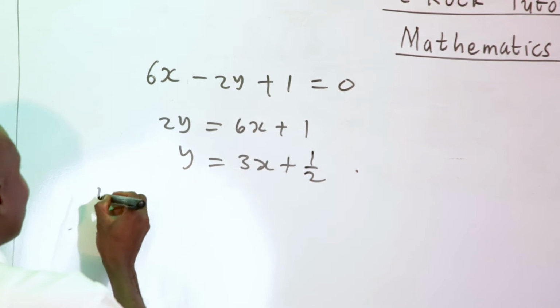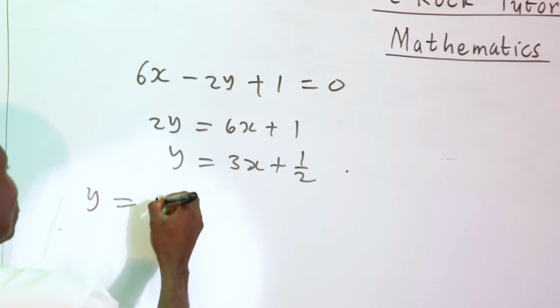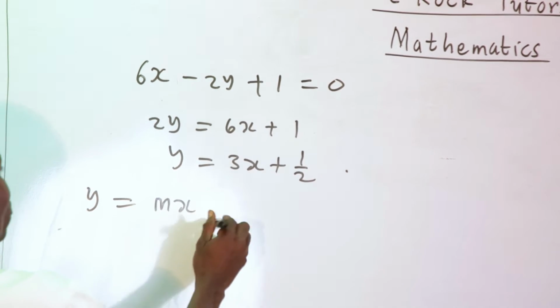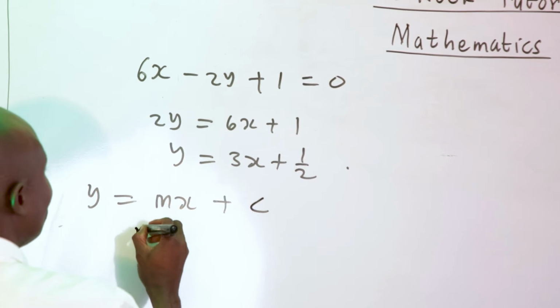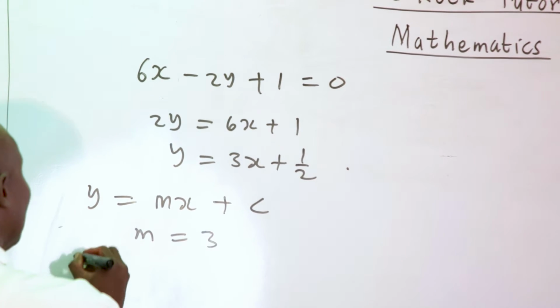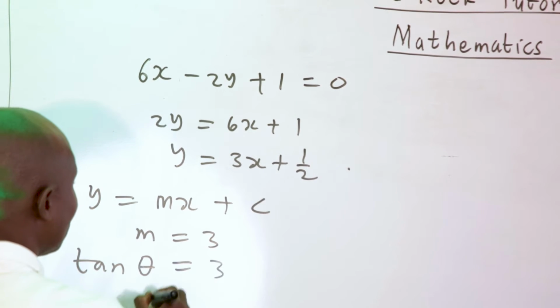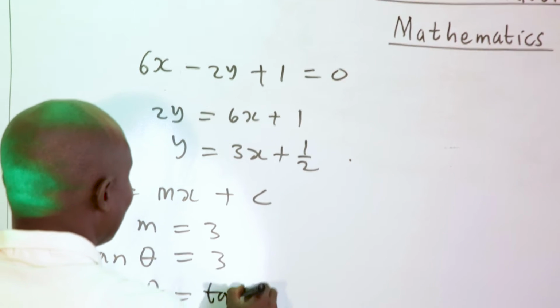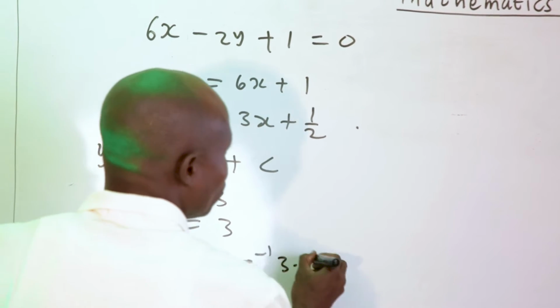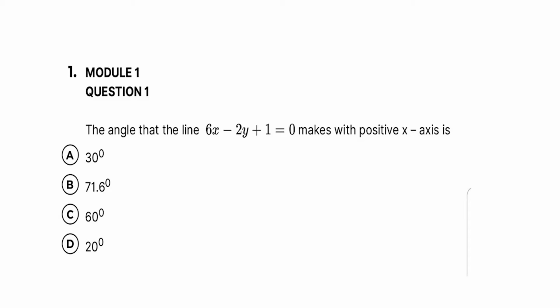Equating this with the general equation of a straight line, y equals mx plus c, m equals 3. This m is equivalent to tan theta, which is 3, and theta is arctan of 3.0, and that gives us 71.6 degrees.